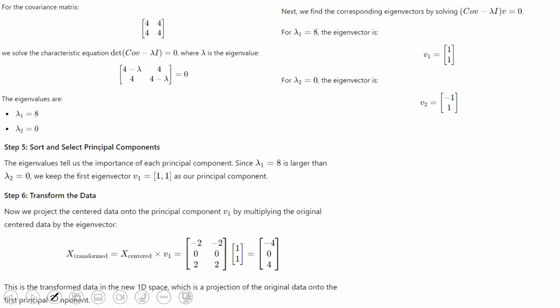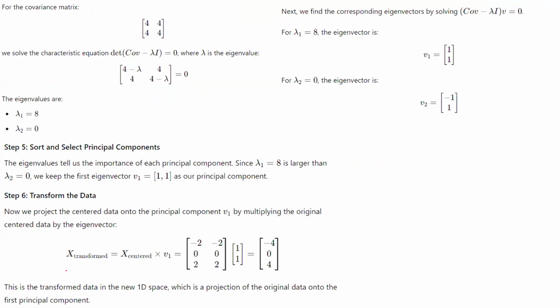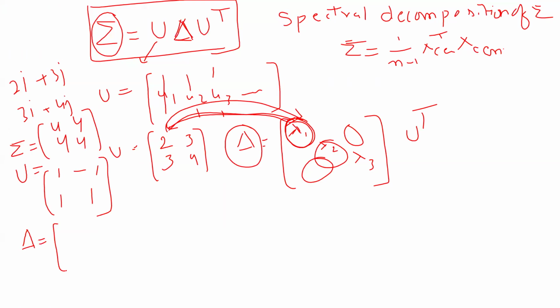U is the eigenvectors: 1 1 and minus 1 comma 1 are the eigenvectors. So this becomes 1 1, and the other one minus 1 and 1. So this is the u. What is delta? Delta is a diagonal matrix with eigenvalues as the diagonal elements. So this becomes 8 as the eigenvalue for the first one, right?